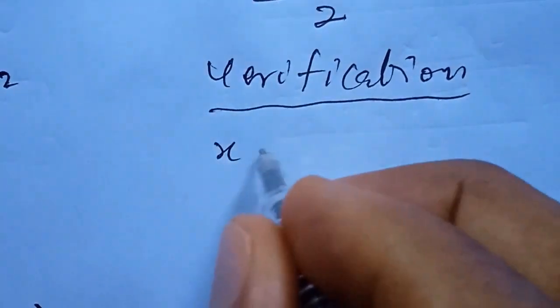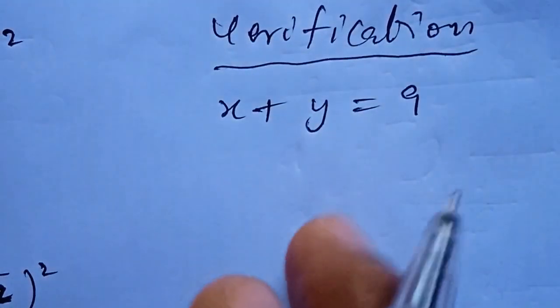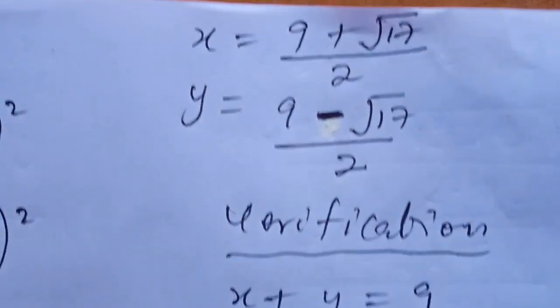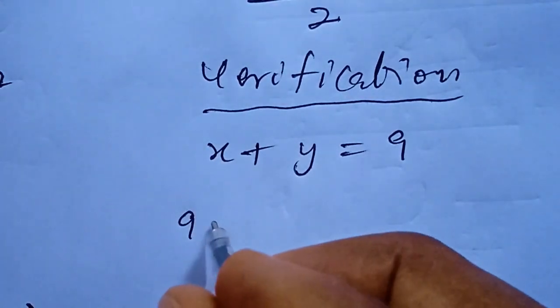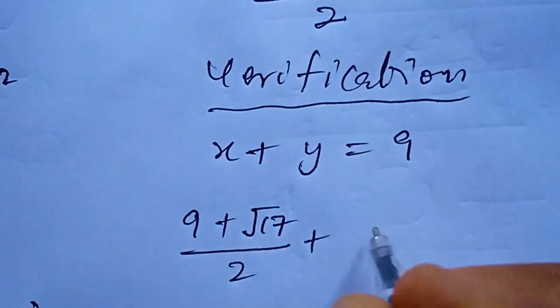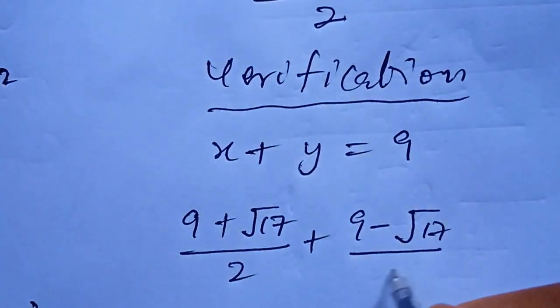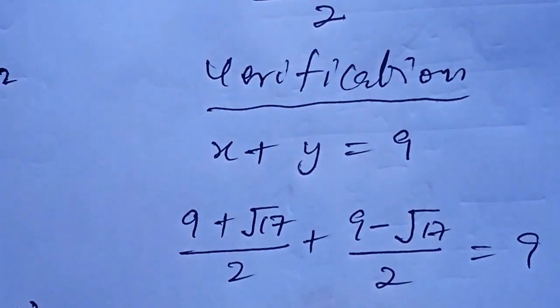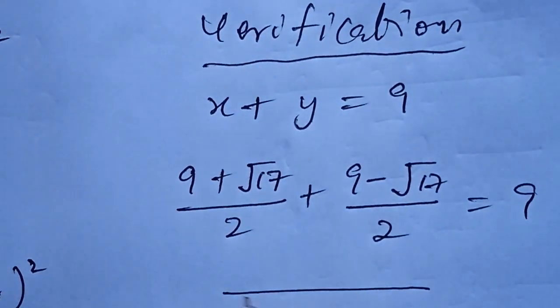From our verification, we have x plus y equal to 9. So if we substitute the values of x and y into this equation, we have (9 + √17)/2 plus (9 - √17)/2 equal to 9. We find the LCM, which is 2.